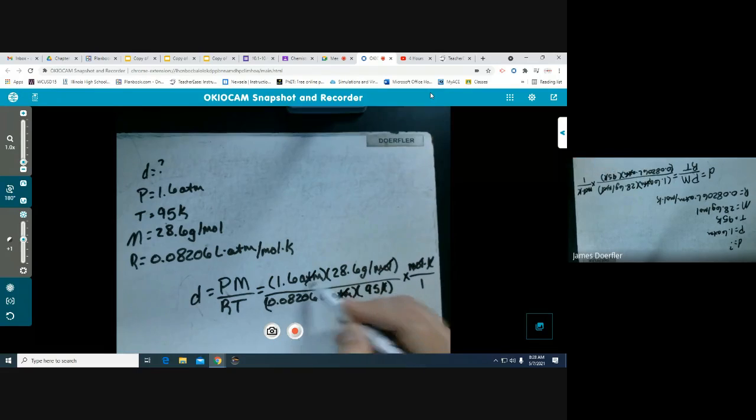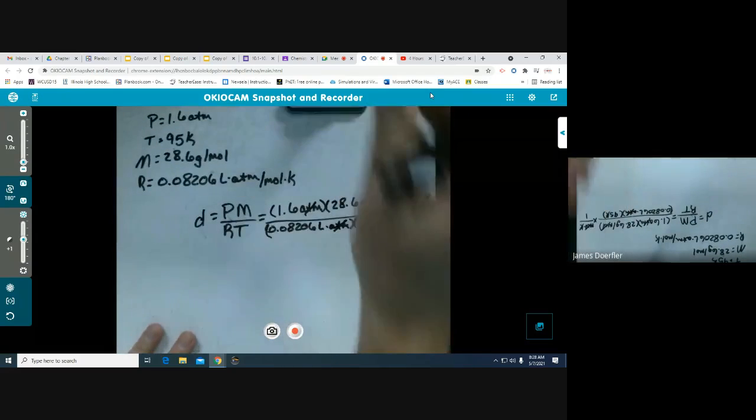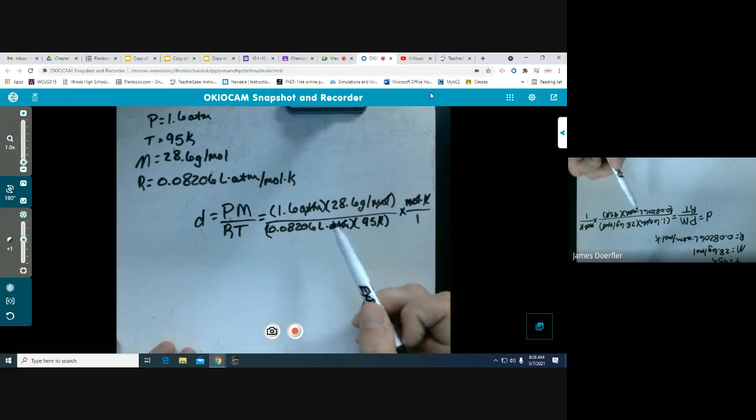And lastly, atmospheres cancel out. And so what we're left with is grams over liters. You'll see that here in a minute, which is appropriate for density. Because normally we see grams per mil for density, but grams per liter is also an acceptable unit.